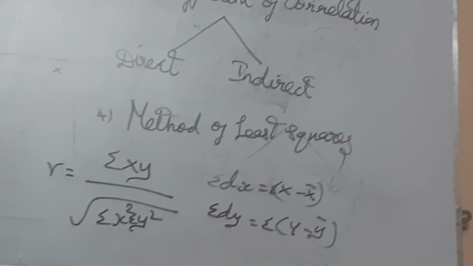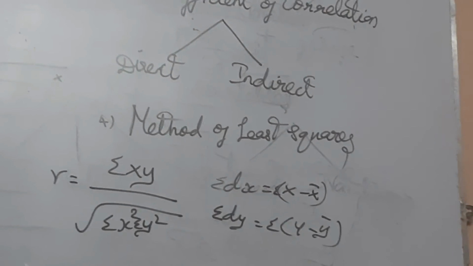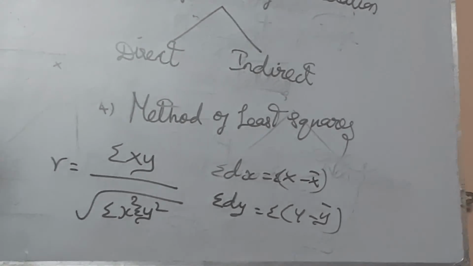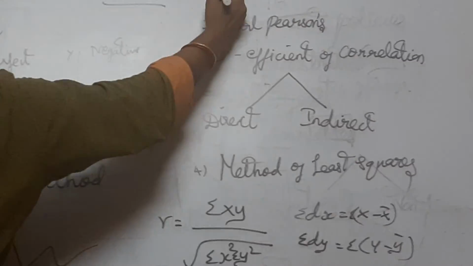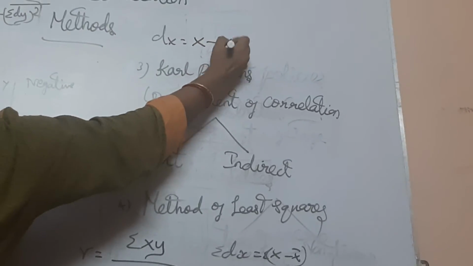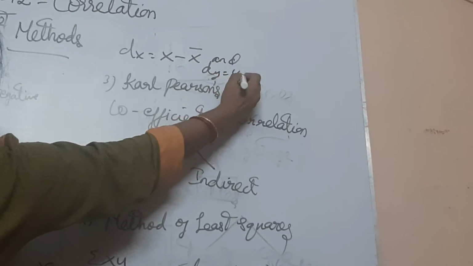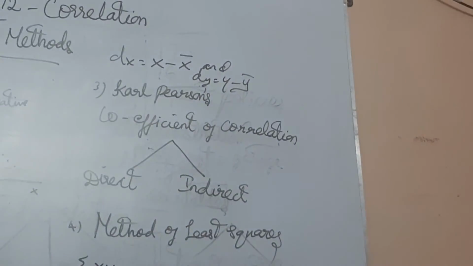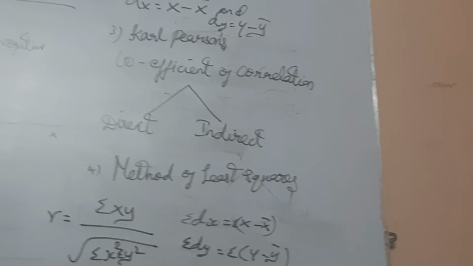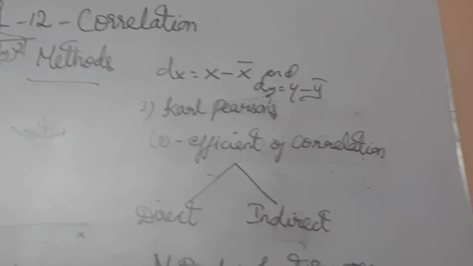Okay children, next, the indirect method. Direct method alone I told. In the indirect method, what they have given here is dx equal to x minus x bar and dy equal to y minus y bar. The same thing they have given in the indirect method also. Actually, here r is free from the origin.